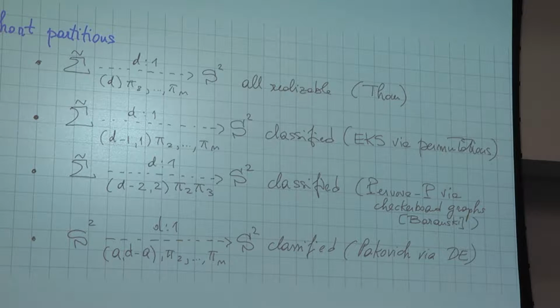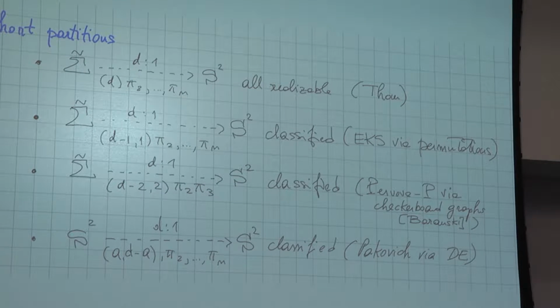I didn't mention that all I'm speaking about I described topologically, but if something exists topologically, then it also exists in terms of Riemann surfaces and rational functions between Riemann surfaces. But that's sophisticated, and I want to speak about topology. Another case with short partitions was the (d-1, 1) case, and this was classified by Edmonds, Kulkarni, and Stong by permutations. Then the (d-2, 2) case we did with Pervova with the restriction that there should only be 3 partitions.